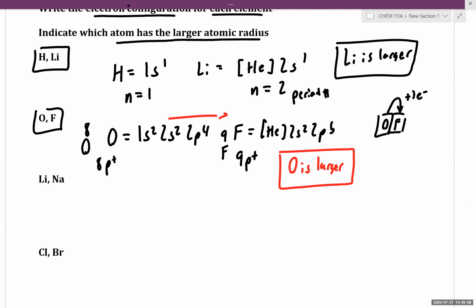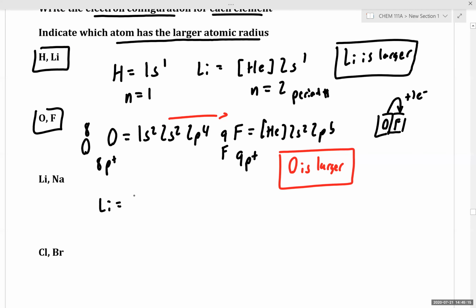Perfect. So let's look at lithium and sodium. So lithium's configuration we've already seen is helium 2s1. Would someone like to volunteer the configuration for sodium? What's the configuration of sodium?